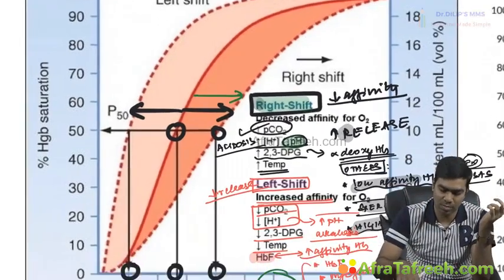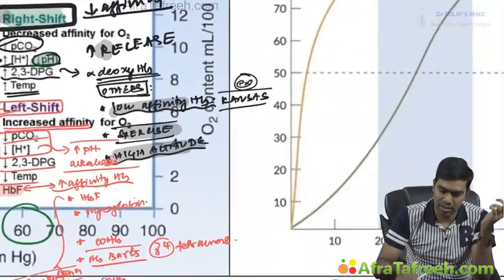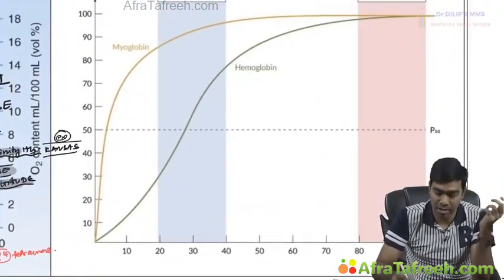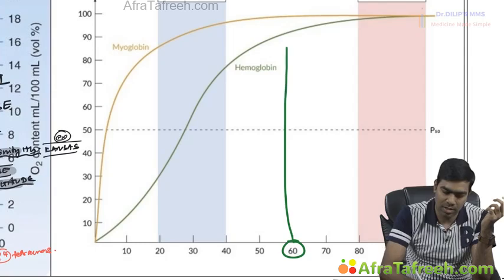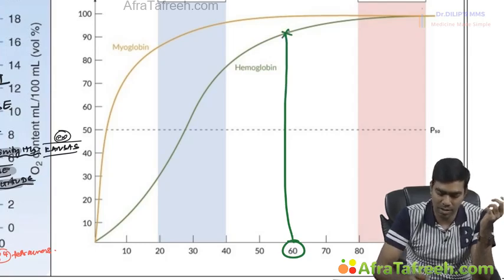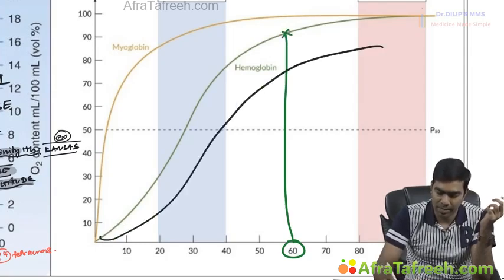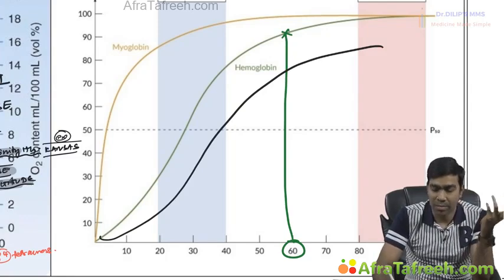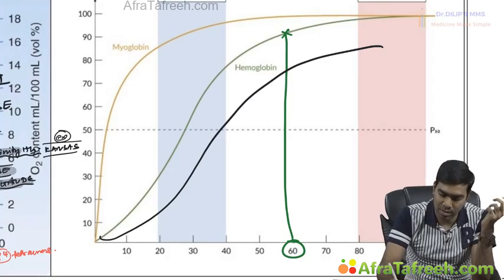For example, let us see here in this diagram to understand better. If you have a 60, this is the normal oxygen saturation, but if the curve has shifted to the right, at the same 60 millimeters of mercury, you are going to have a low oxygen saturation only.